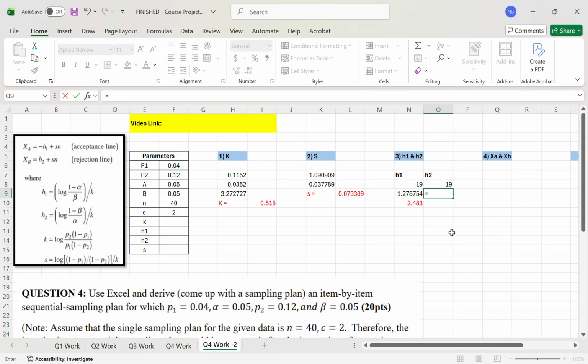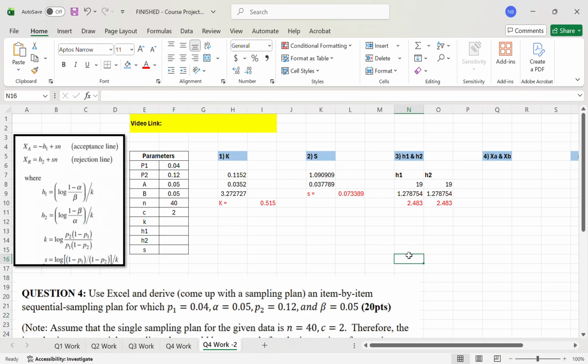Next, we're going to again take the log of that number. We're going to divide it by K. Now again, these numbers are the same because our alpha and our beta are the same, right?